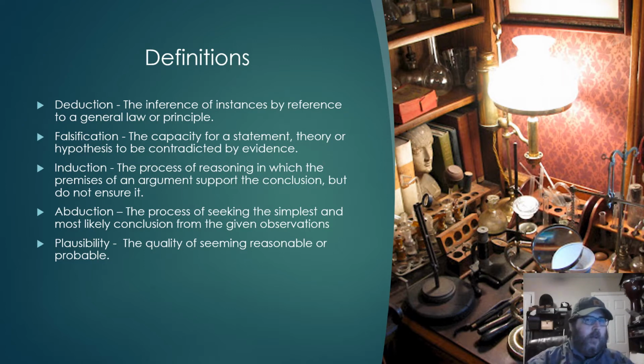And their logical form is through falsification, meaning that if you come up with a hypothesis that cannot be disproven by any test, then we're going to go ahead and throw it out and say we can't use that. All right. That's basically the concept.